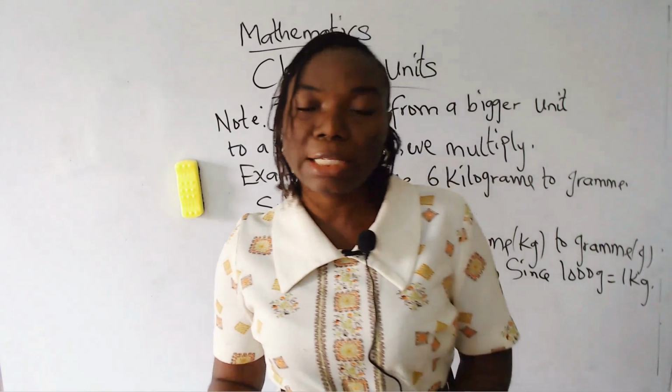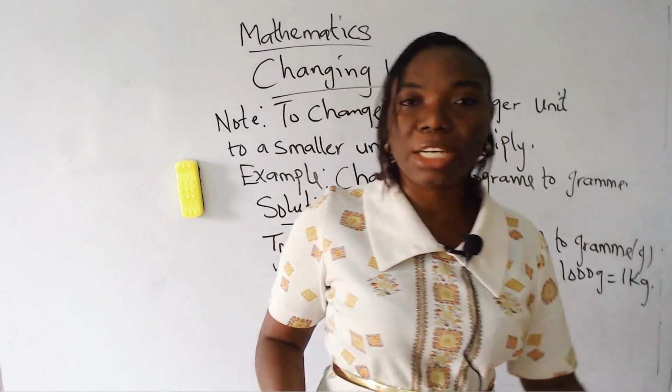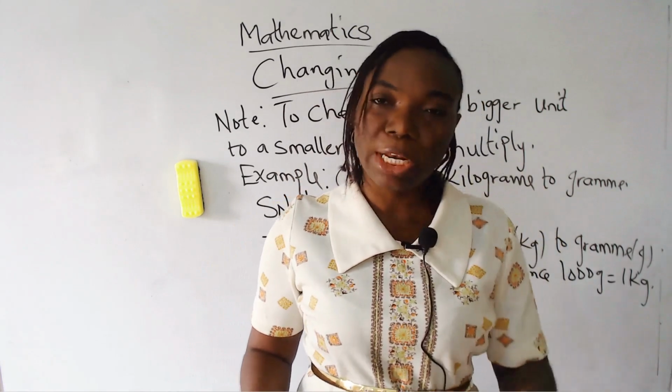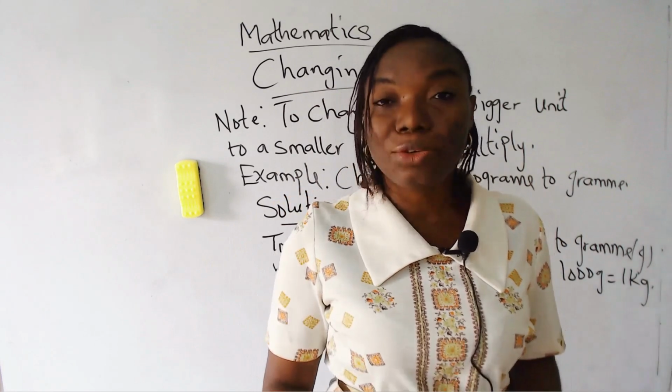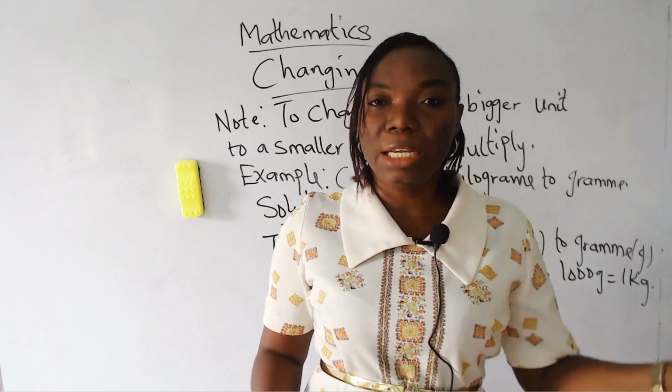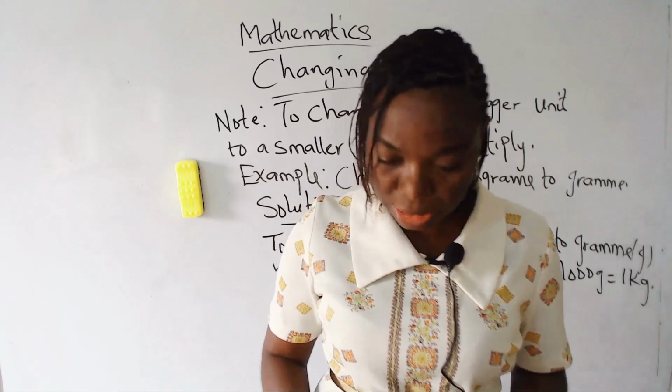We'll take a second example. The first example was converting from a larger or a bigger unit to a smaller unit. Now we'll be converting from a smaller unit to a bigger unit. And in doing that, we divide the bigger unit by the value of the smaller unit.